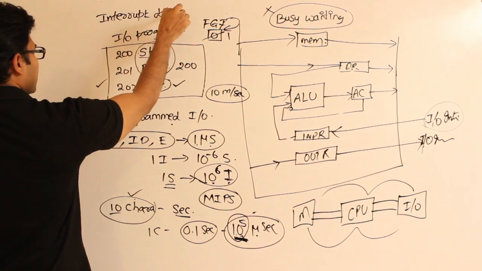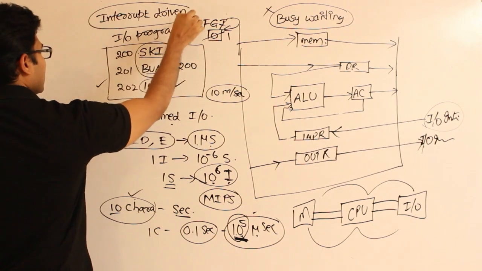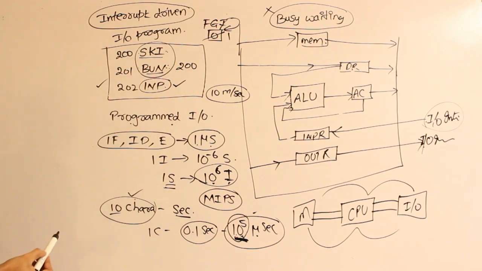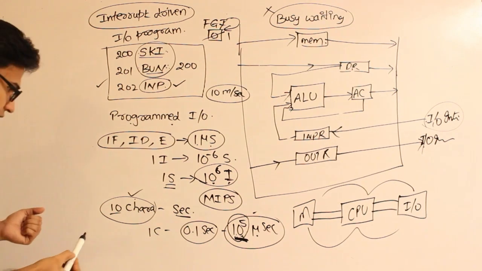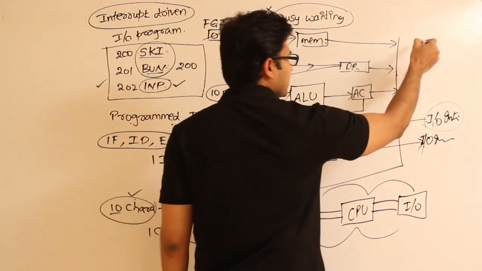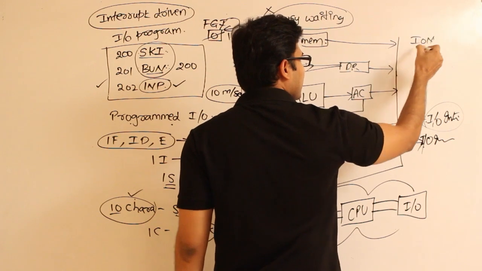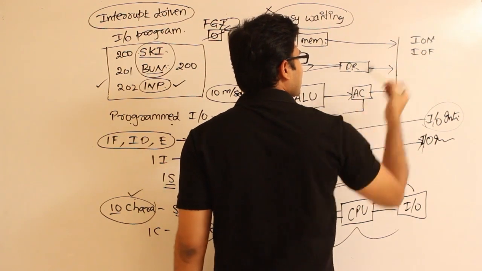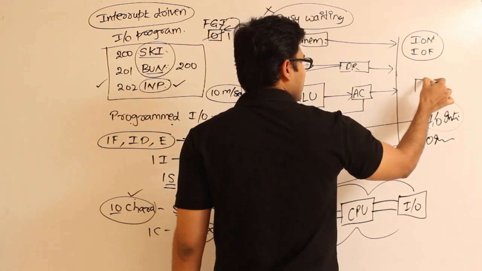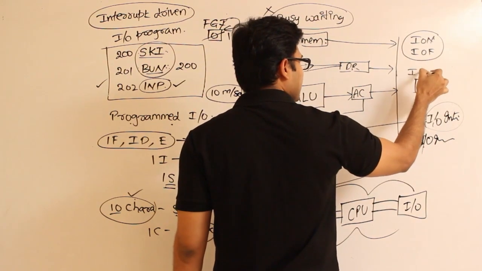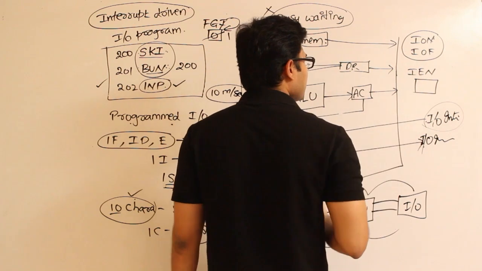Interrupt driven. If you remember, in the last video while I was discussing IO, there were also interrupt instructions. There are two instructions at the end, ION and IOF, right? These two instructions are used to modify a flag called IEN, interrupt enable.